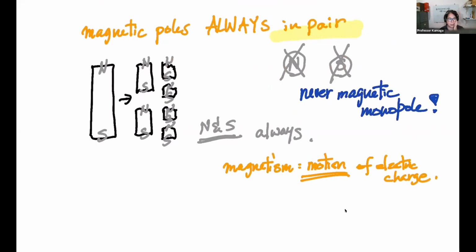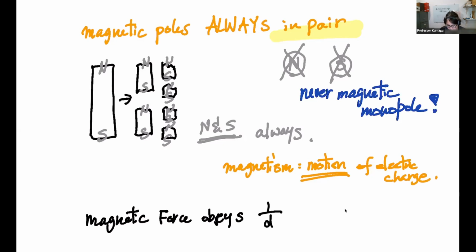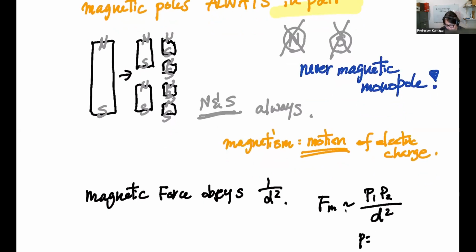Okay, so let's now talk about the magnetic field. Magnetic force obeys 1 over d squared. In fact, magnetic force looks like P1 P2 over d squared, where P is the magnetic pole.